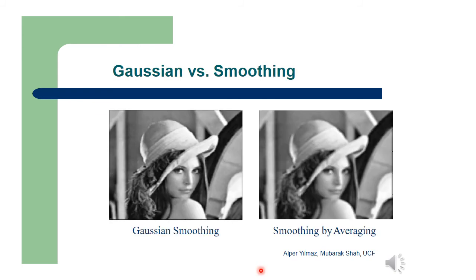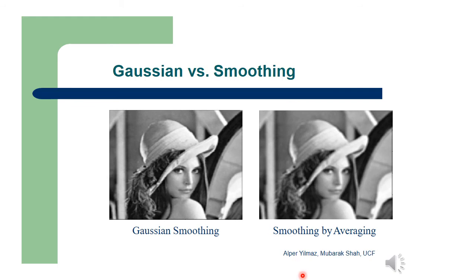Here you can see the difference between simple smoothing and smoothing with the Gaussian. Smoothing by averaging is where you simply add up a bunch of pixels and then divide by the number of pixels. If it is a 3 cross 3 kernel, then you have 9 values, and you replace these 9 values with the average of these 9 values.